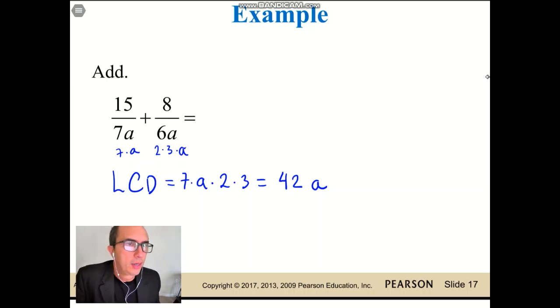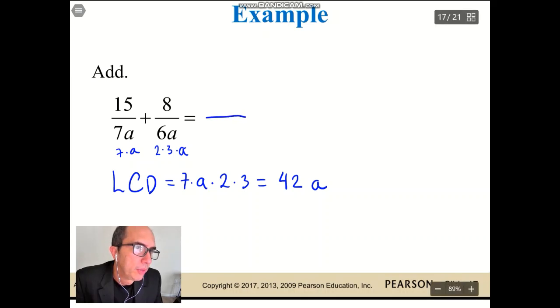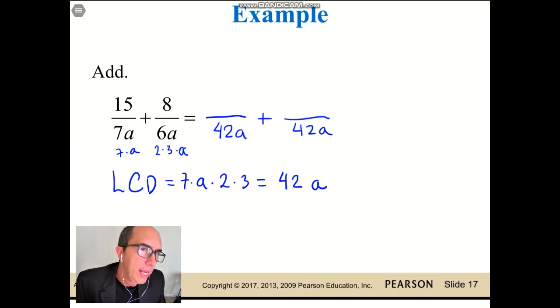Now we will change each one of the fractions to make them have the new denominator, the least common denominator that we found. So let's write down here: this is going to be 42a, and this is going to be 42a. The original rational expression here has denominator 7a.